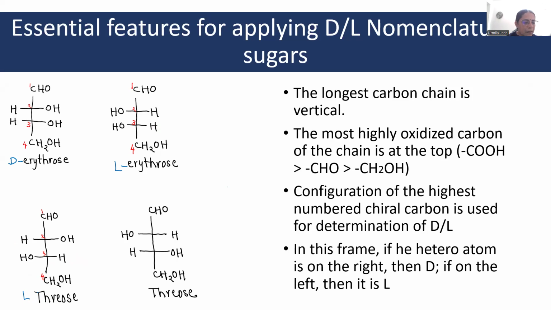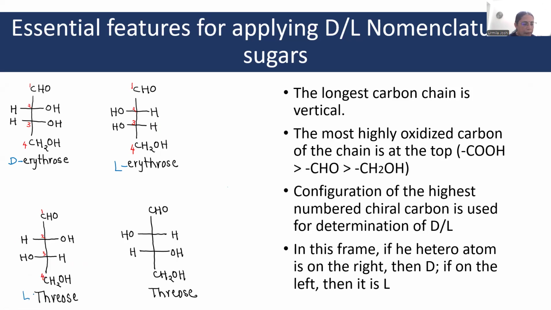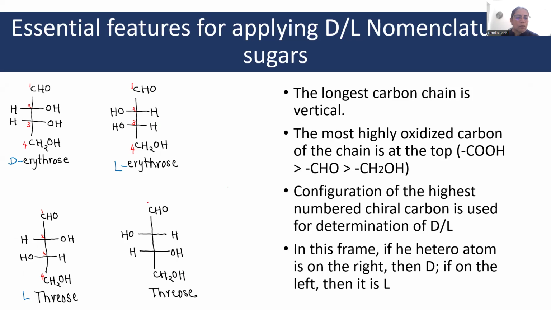L-triose. There should be a line over here. Somehow I'm not able to put this line. This is L-triose. Coming to this, again number, 1, ensuring that highest oxidized carbon is on the top and the longest chain is vertical. 2, 3, and 4.